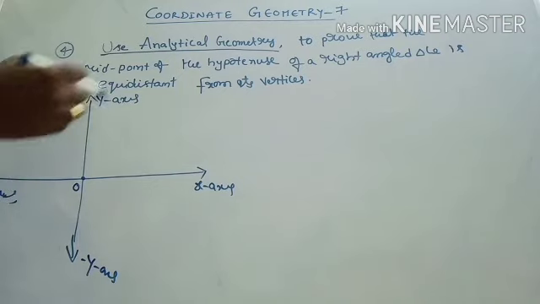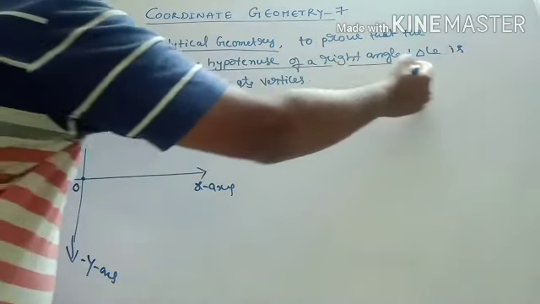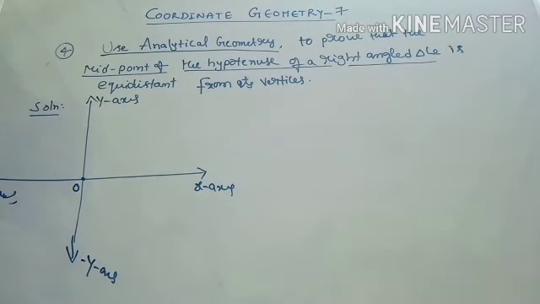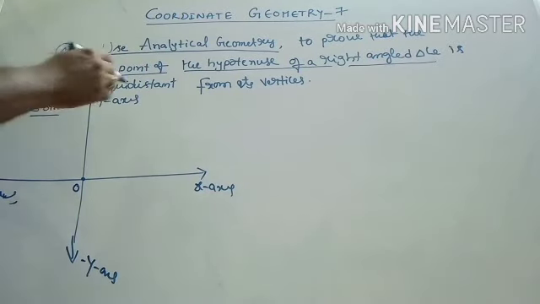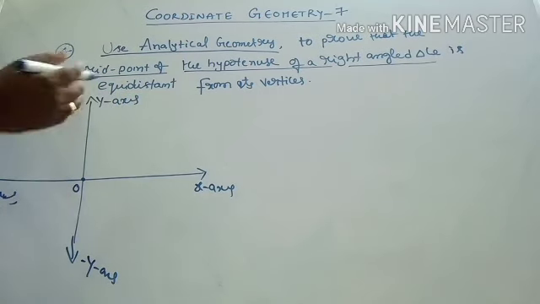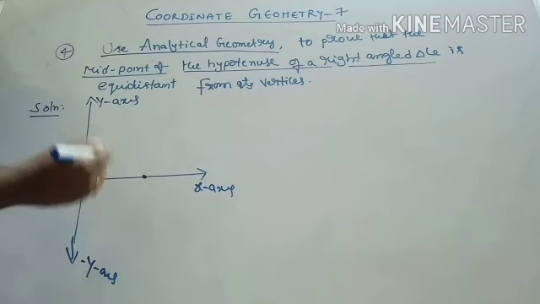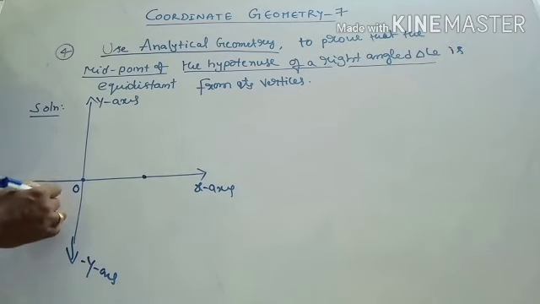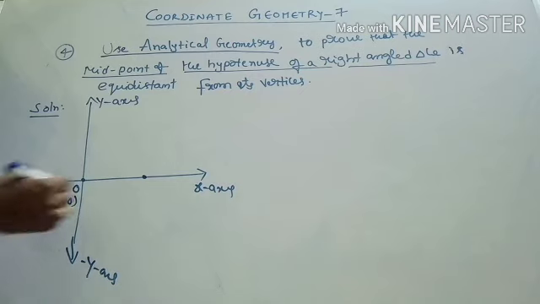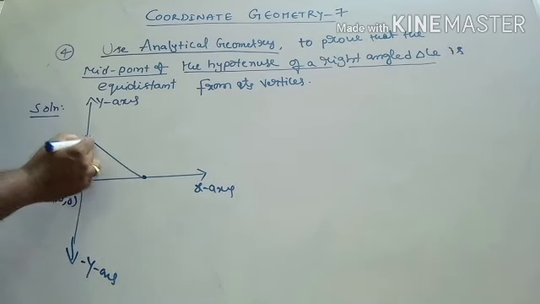They are asking to prove that midpoint of the hypotenuse of a right angled triangle in general, right? We can take anywhere the 3 points of a right angle triangle and we can prove that. But here for easily proving purpose, what I am taking is one vertex, I am taking it as origin, and the right angle triangle formed by this line.